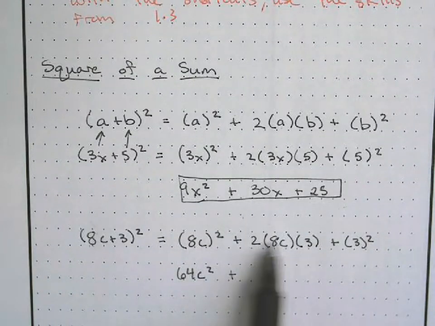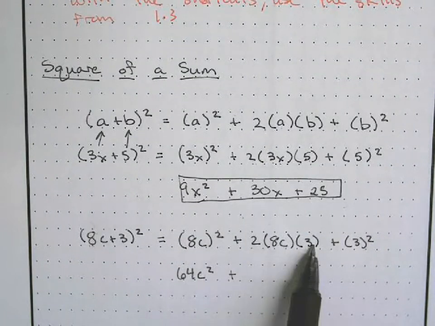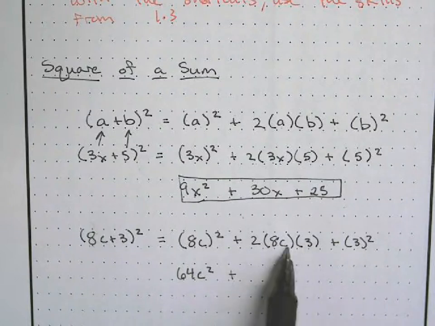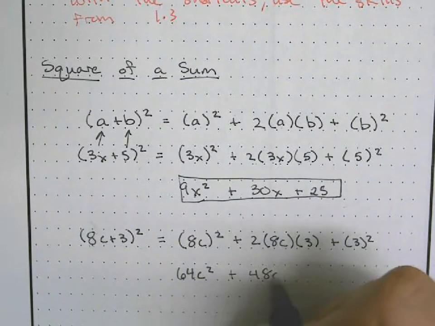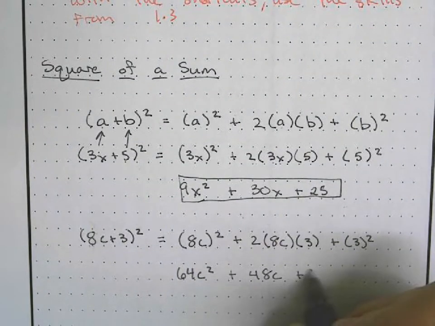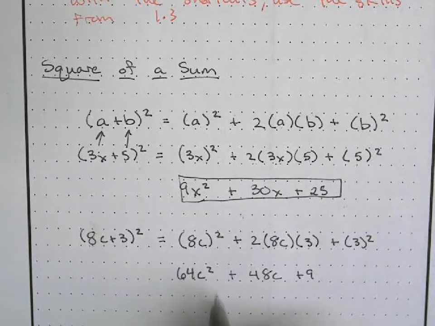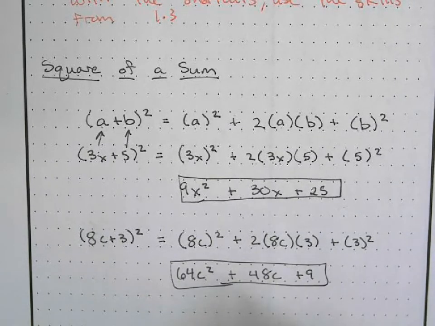Now I multiply these three together. 2 times 8 is 16, times 3 is 48, so 48c. And then I square the 3, and I get 9. And I'm done.